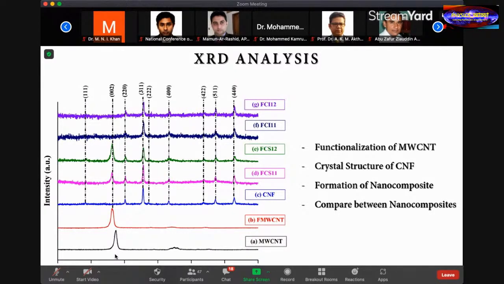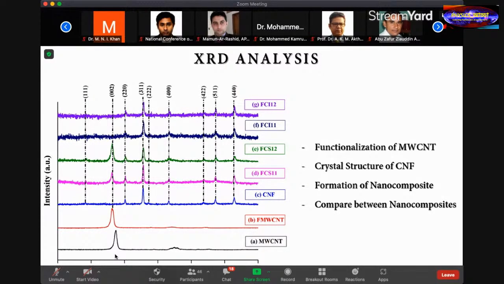From the XRDs of nanocomposite, we can see all the nanocomposites have the same lattice planes as ferrite, but S composites have an additional 002 plane, which corresponds to the functionalized nanotube. We can say this indicates the formation of nanocomposite, but there are some unreacted tubes which contributed to this.